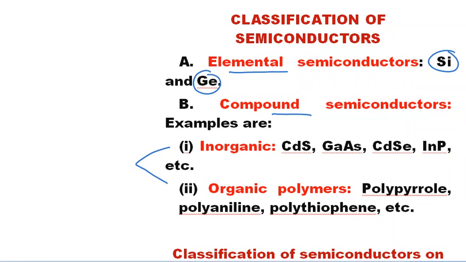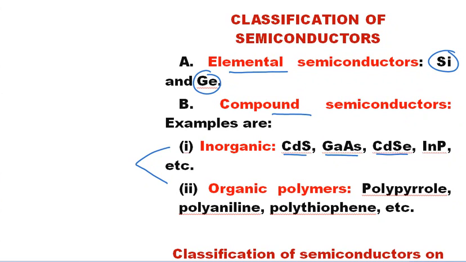Inorganic compound semiconductors are CdS, cadmium sulfide, gallium arsenide, cadmium selenide, and indium compounds. Then there are organic polymers, polypyrrole as well as polythiophene. These are some examples of organic polymers.